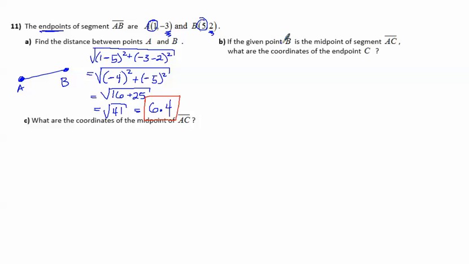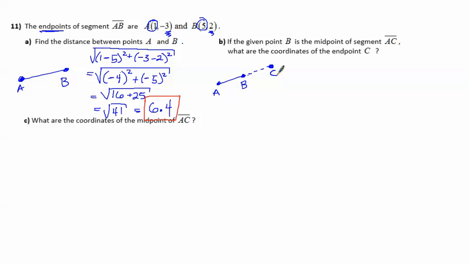Now, if the given point B is the midpoint of segment AC, what are the coordinates of the endpoint C? So what they're really saying is, what you had here, segment AB, what you thought was the end of a segment, now they're telling you that's really the midpoint of a longer segment, so you draw a dashed line to represent the other half of the drawing that they didn't talk about before.